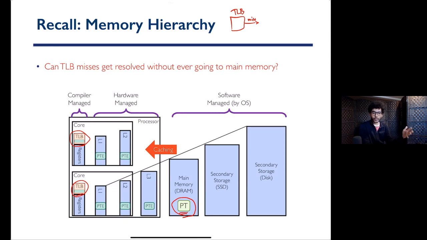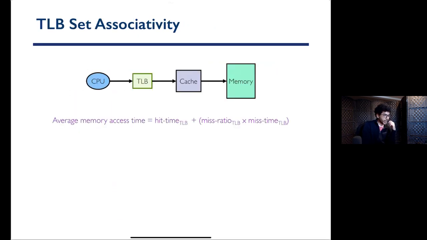All these techniques that we're talking about are to just make address translation overhead less and less. So all of these techniques will help us reduce the overhead of address translation.